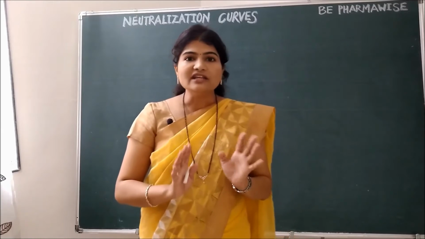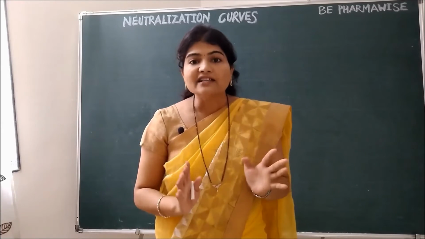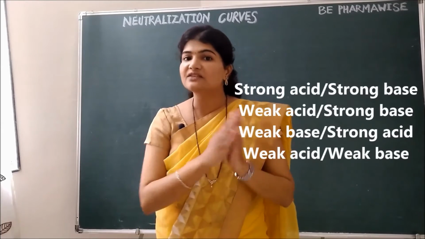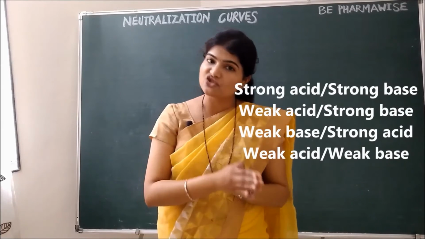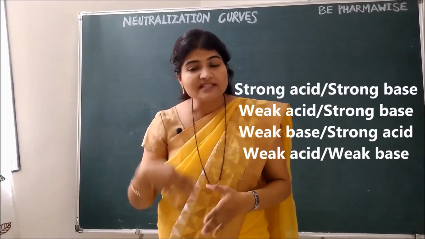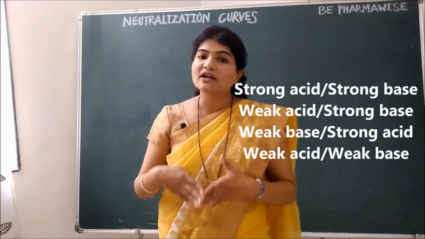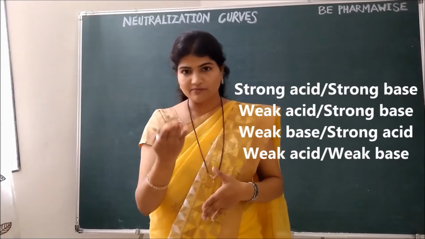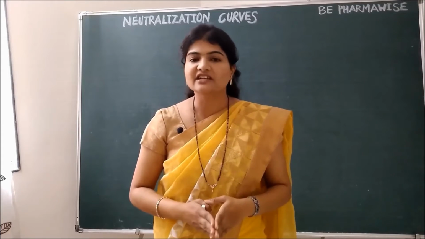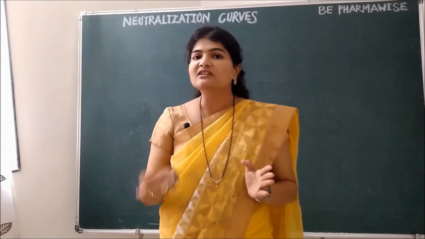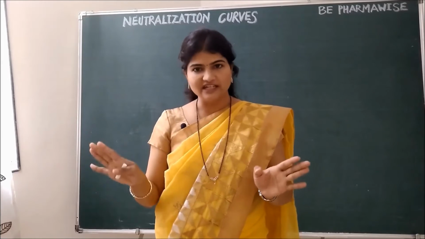Now there are four possibilities. Either you react a strong acid with a strong base, a weak acid with a strong base, a weak base with a strong acid, or a weak acid with a weak base. These four cases are generally studied, and neutralization curves are generally plotted for these conditions.